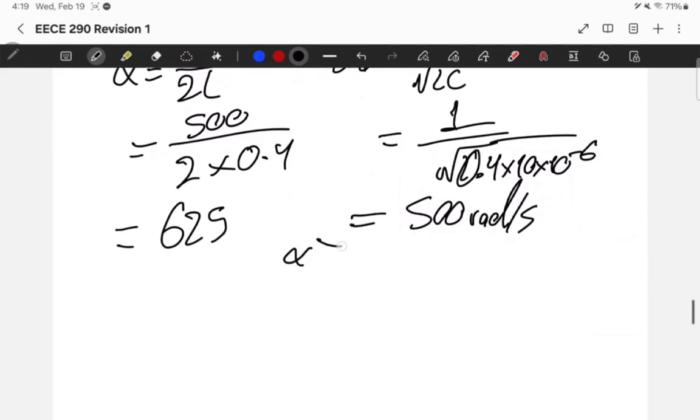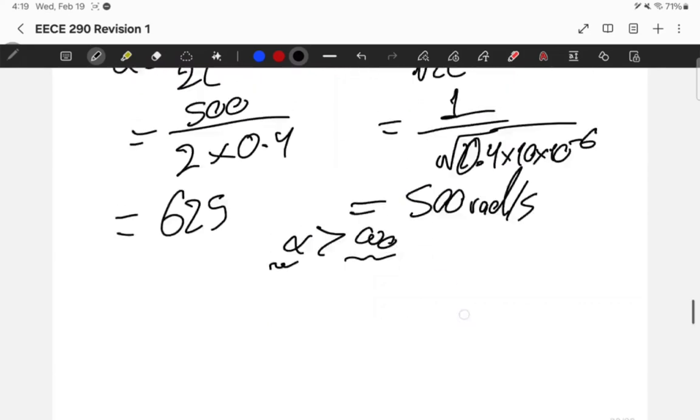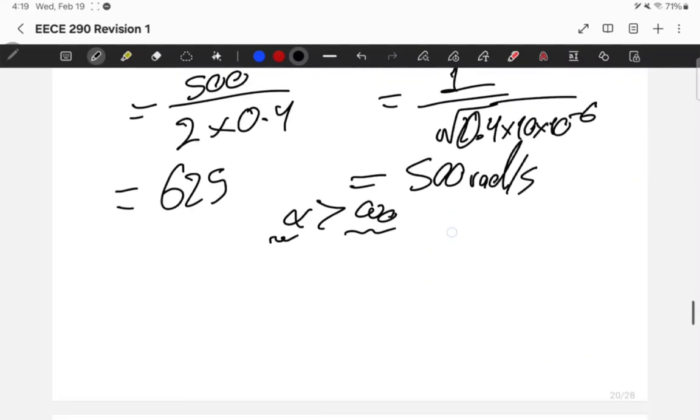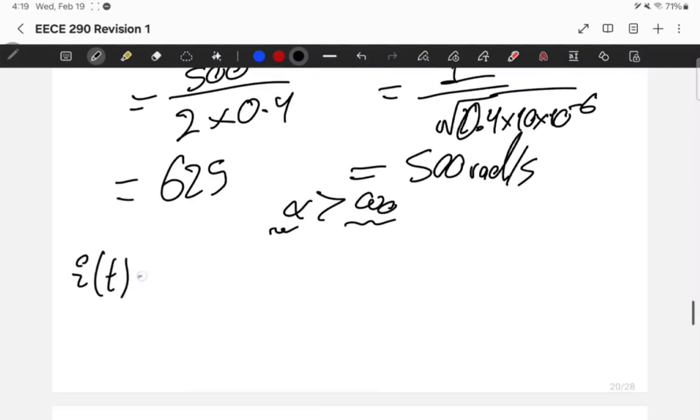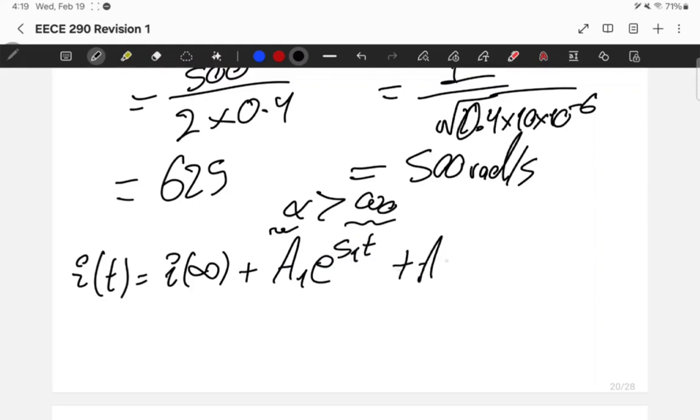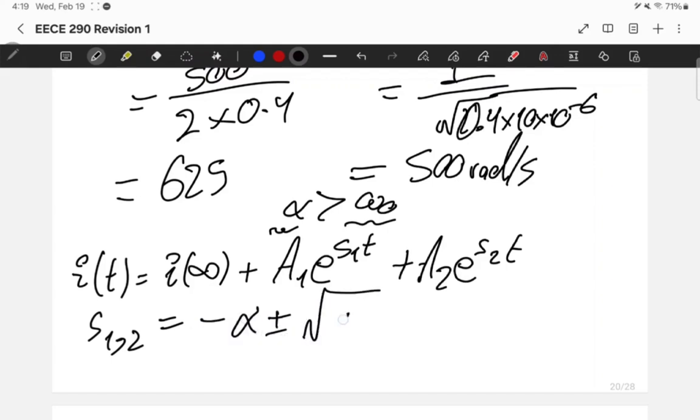So alpha is greater than omega 0. So the damping is greater than the oscillations. I have an overdamped response. And I know I need the current. So my current is I at infinity plus some constant, I'm gonna figure it out later, A1 exponential S1 t plus A2 exponential S2 t, where S1, S2 is given by minus alpha plus or minus square root alpha square minus omega 0 square.